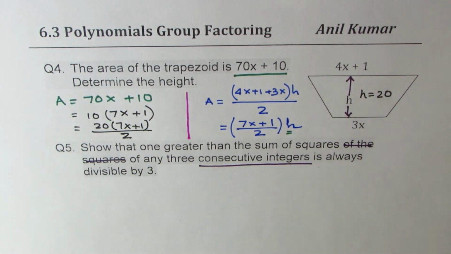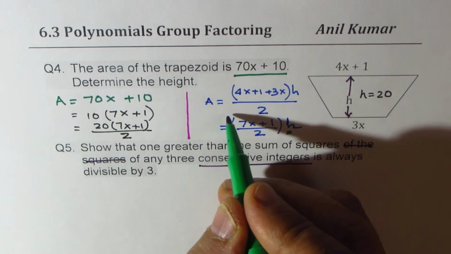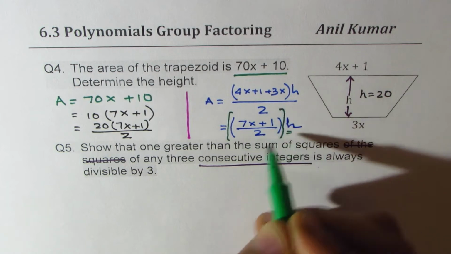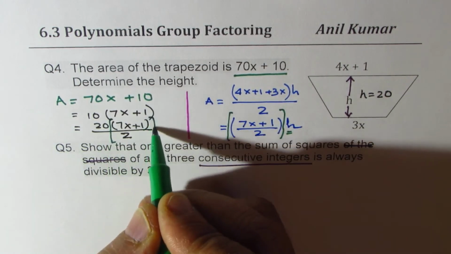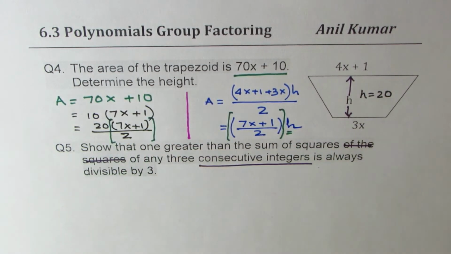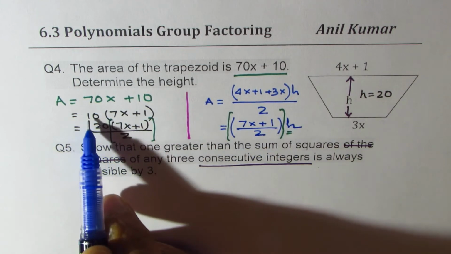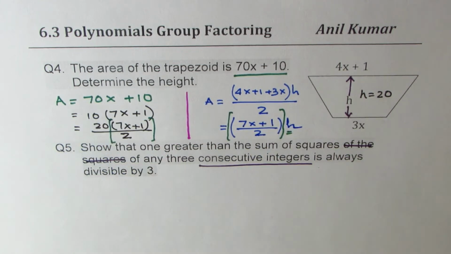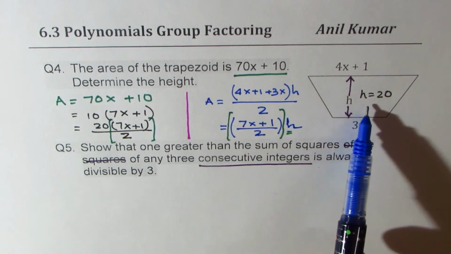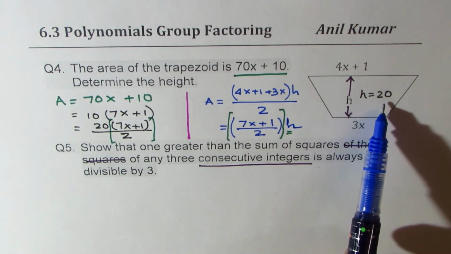Once you compare, this part is exactly the same, and what remains is the height. An alternate method: direct from here, height divided by 2 is 10, so height is 20. Perfect. Either way, the correct answer is height equals 20.